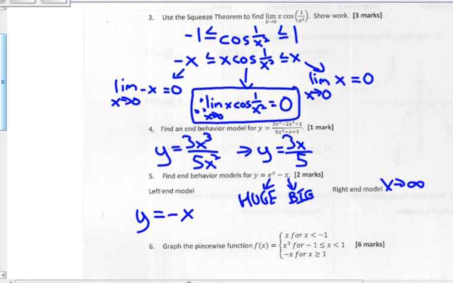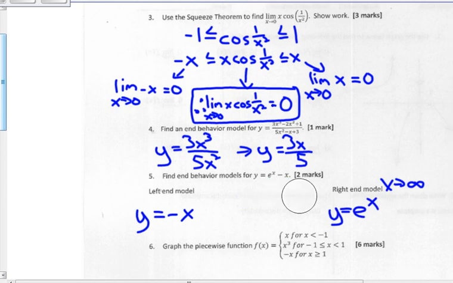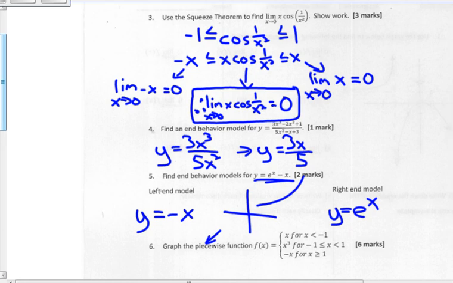Your calculator won't be able to give you a good approximation. Okay, so what's making a bigger difference here? It's the e to the x. And again, what that tells us is, if you looked at this graph, which is kind of tricky, on the right end, it kind of has this look. On the left end, far left end, it has this look.